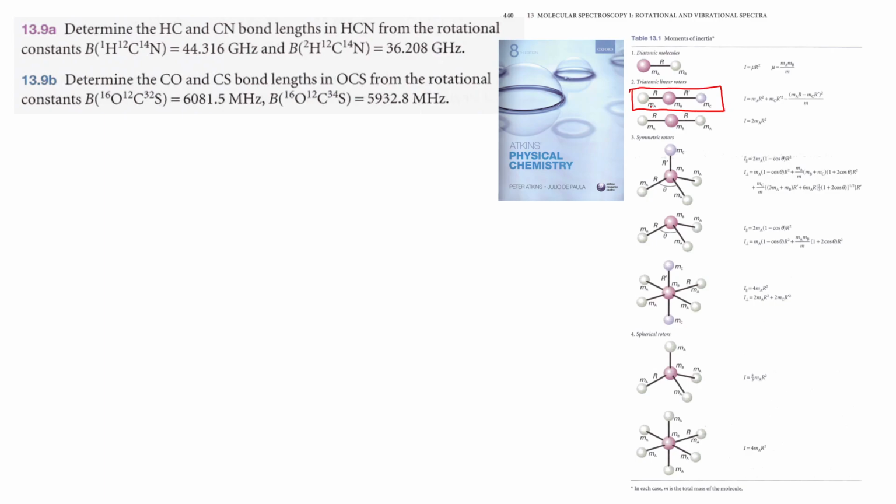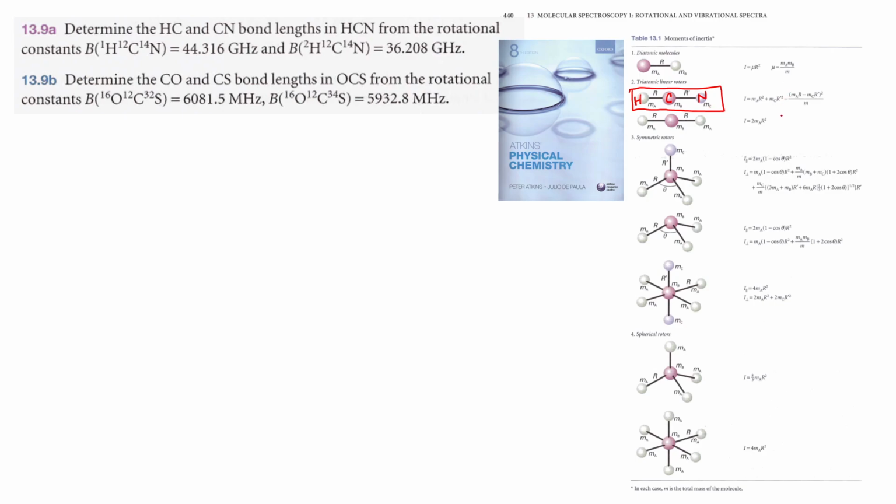I suppose this is your H, this is your C, and this is your N. If this distance is R and this C, cyanide distance R dash, then mass of hydrogen is Ma, mass of carbon is Mb, and mass of nitrogen is Mc.